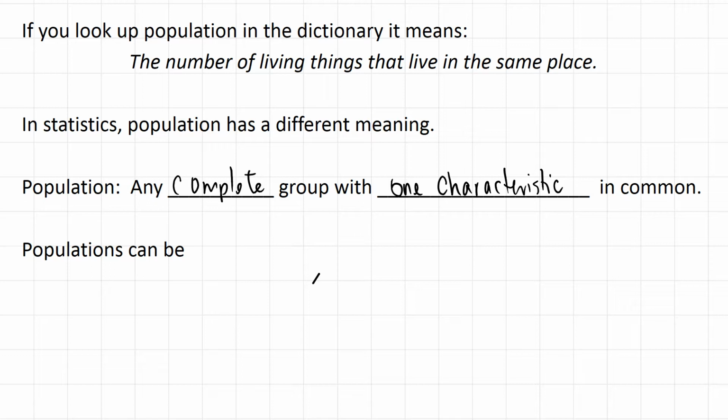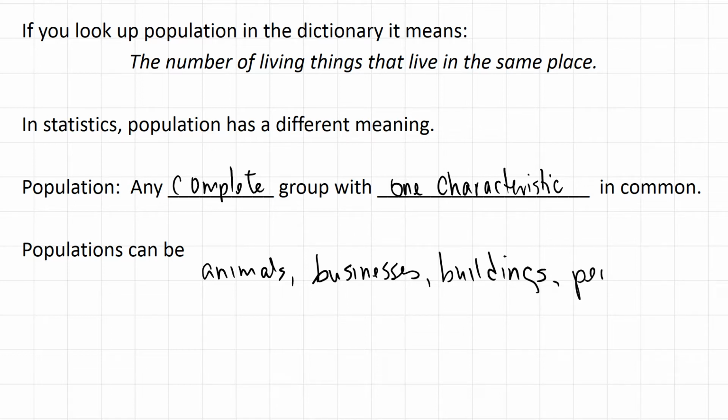It could be a group of animals or a group of businesses or a group of buildings or, again, people, which is what we normally talk about when we talk about population. So it has a bigger meaning than just the number of living things that live in the same place. And we're going to be using that new definition as we move through this unit.